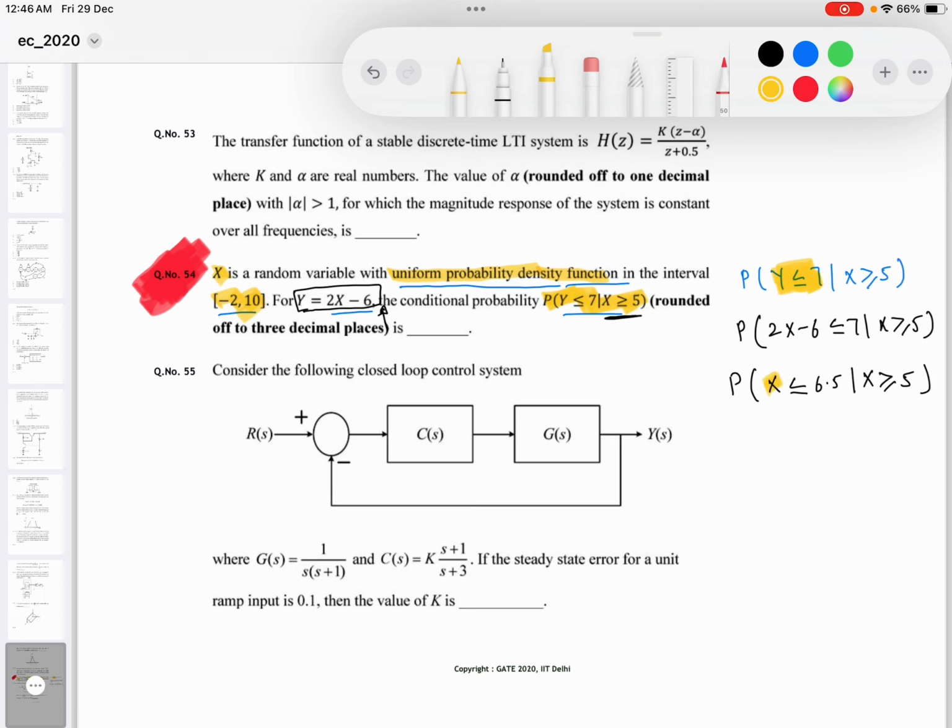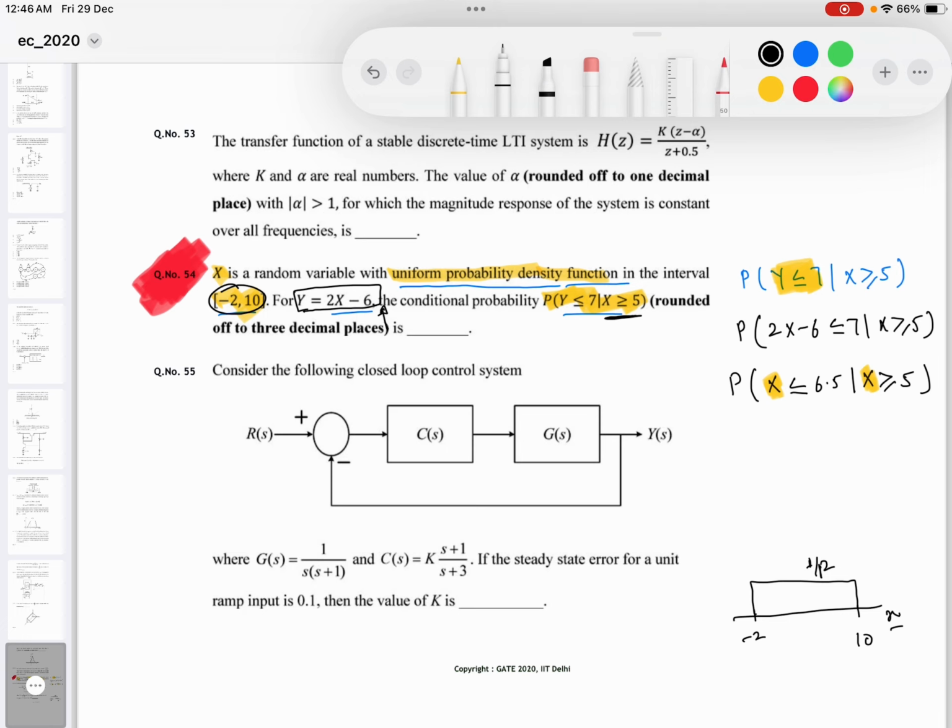And we have been given the PDF of x, the probability density function of x, right? So it is uniformly distributed from -2 to 10 here. So from -2 to 10, what would be the probability? It will be 1 divided by 12, right?